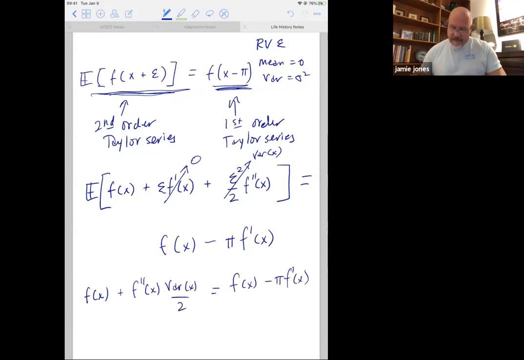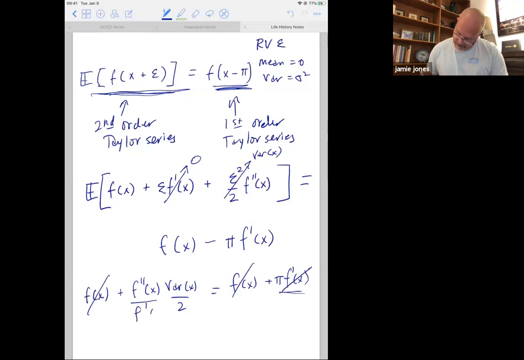All right, so we've got f of x on both sides of the equation, so those cancel out. We want to isolate pi. We're trying to estimate what the certainty premium you'd be willing to pay for a given fitness function should be. So we need to divide here by minus f prime of x. Okay, so we'll just do that.